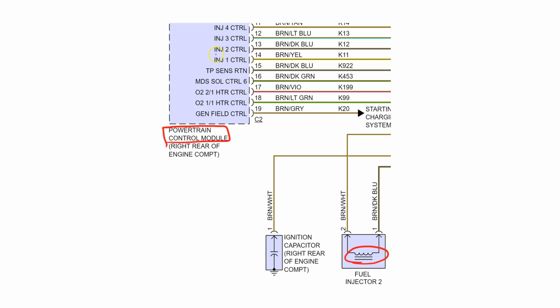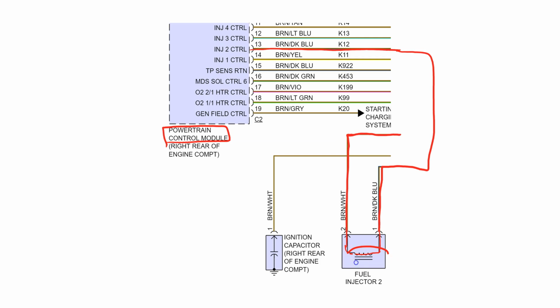And so you can see injector 2 control, brown and dark blue, and this leaves the picture, but it would come down here and go to this brown and dark blue right there, and it would go down through here and up this brown and white one. Then that brown and white one goes to a ground, which the computer controls.